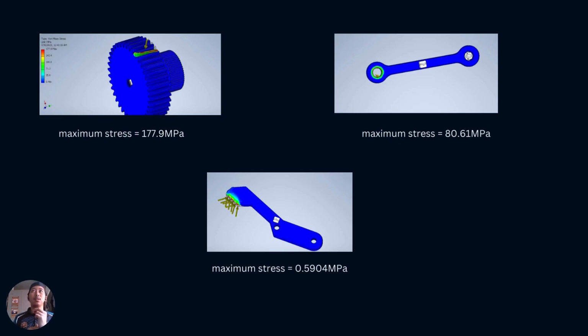After we calculate the maximum stress for each component, we get that the connecting gear is 177.9 megapascal, for the link it is 80.61 megapascal, and for the gripper it is 0.95904 megapascal. So this is just the analytical calculation for the conceptual design.